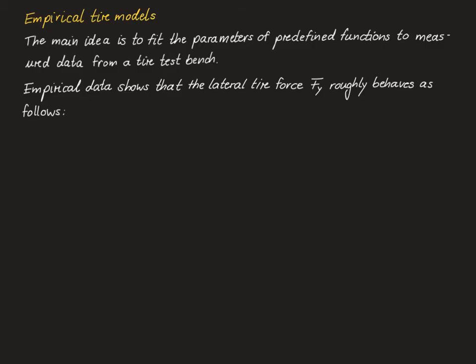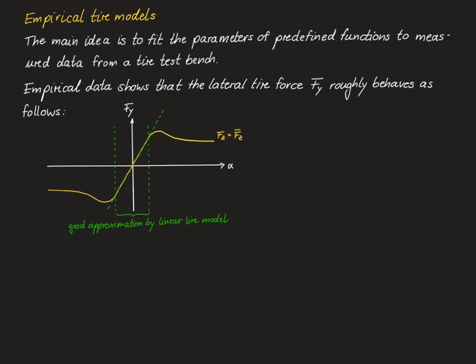Looking at many of these empirical data sets for different tires and under different conditions, the lateral tire force Fy roughly behaves as follows. First, we look at the behavior of the lateral tire force depending on the slip angle alpha. And from this yellow curve, for a fixed vertical tire force Fz bar, we see that for small values of the slip angle, the tire force depends almost linearly on the slip angle.